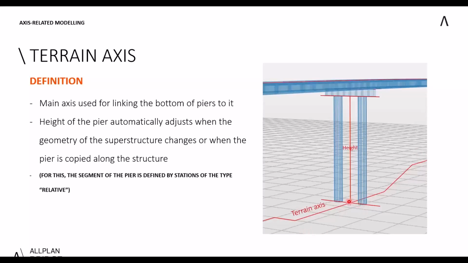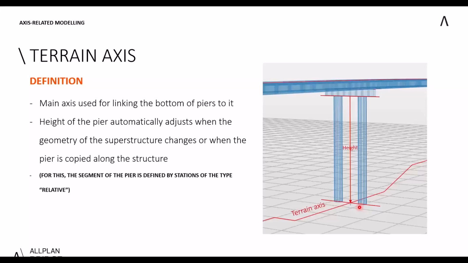Since I think it's already 2 versions, we have a lot of possibilities for defining the piers. They must not necessarily be linked to a reference point, but they can be linked to an axis, or between 2 axes, or an axis and a reference point. And so the bottom of the pier is linked to this terrain axis, and in that way it will always adapt.